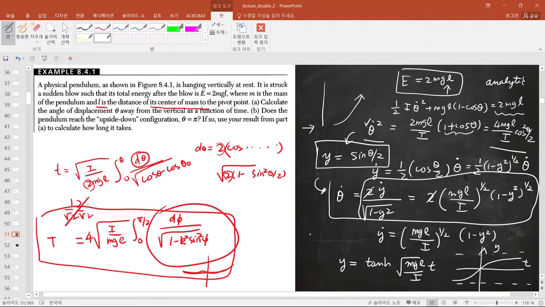Here you see as t goes to infinity, y goes to 1. Y equal to 1 means theta is equal to pi. Okay, that was the infinity. Theta equal to pi is at the top, so that is just upside down.